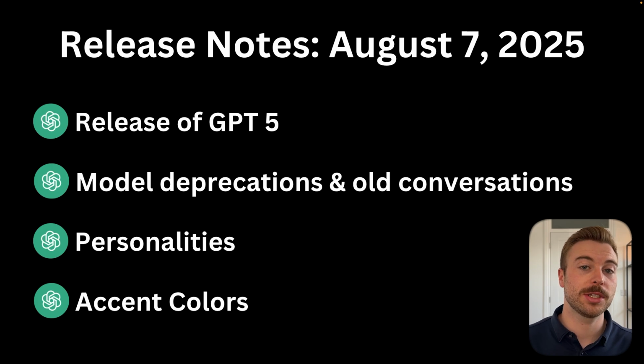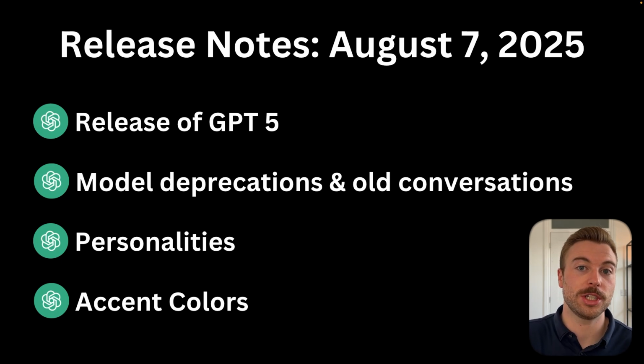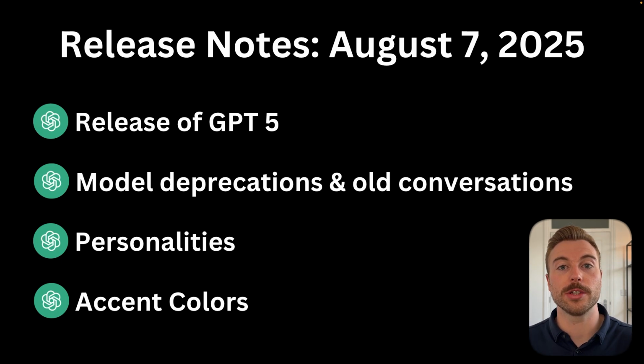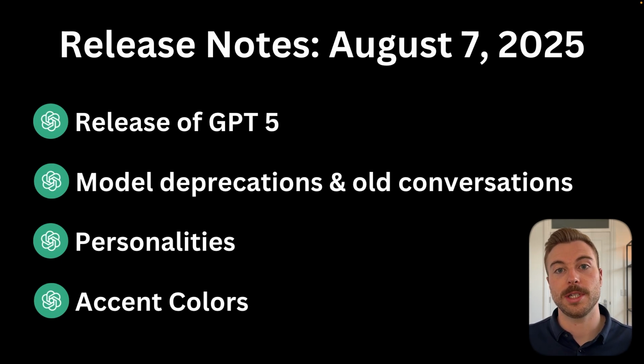What are some of the release notes that we're going to be covering today? Well, we're going to go through exactly what is covered in ChatGPT 5 and how it compares to both ChatGPT 4.1 as well as Opus from Claude. We saw that they're actually going to be deprecating some of the old models, so that's totally normal for this. What it means is it's going to stop the use of ChatGPT 4.0 and shift everything onto ChatGPT 5.